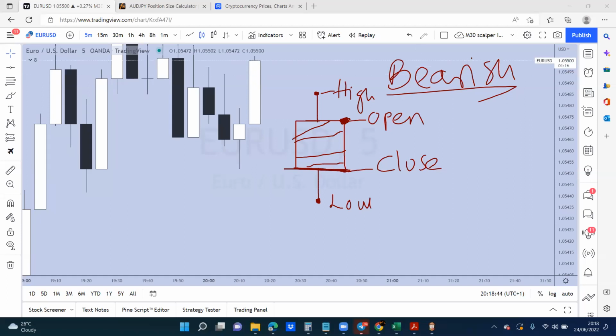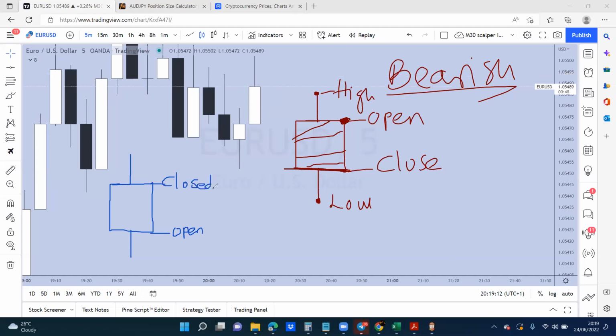In contrast to this, we have a bullish scenario. In a bullish scenario, of course, price is going from down to up. It means in this case, it must have opened here. You see, the open for the bullish is the opposite side of the bearish candle. And of course, that means it should have closed here.